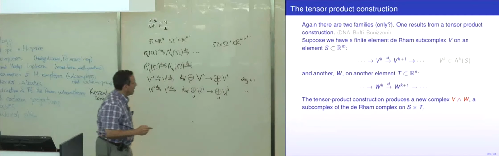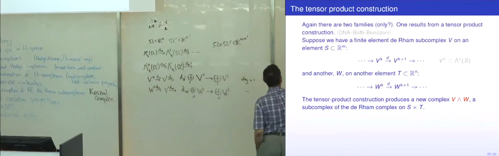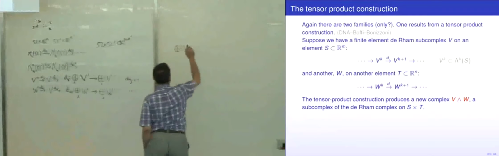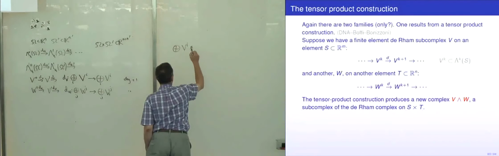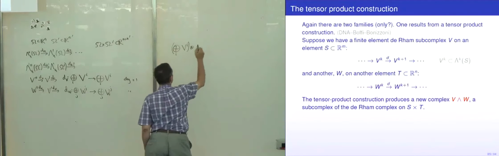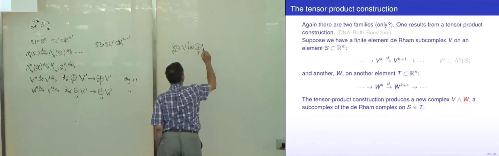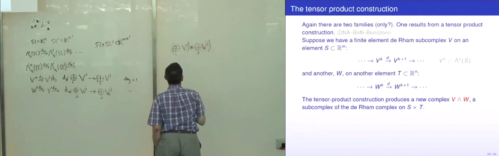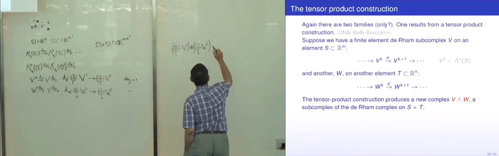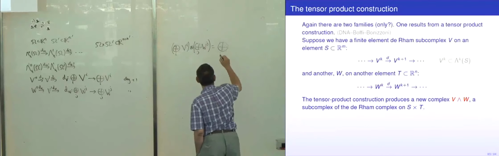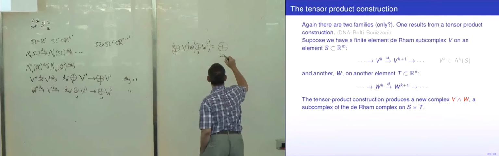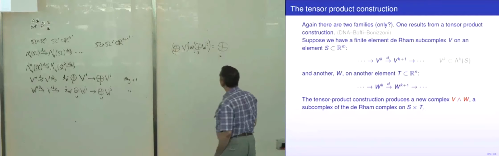Okay, well, so now when I want to take the tensor product of them, I want to come up with a graded vector space, the sum over k.